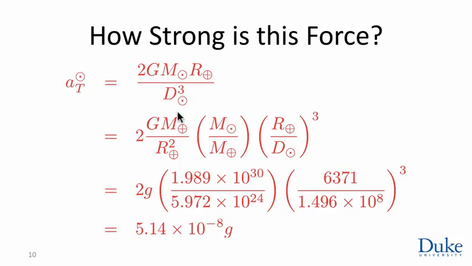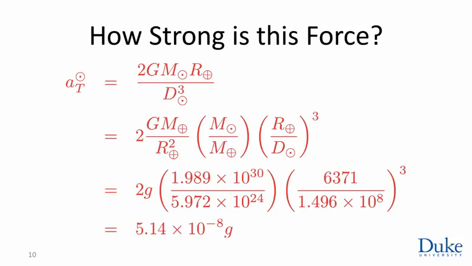times r over d. The salient point is that because I have 2GM over d squared times r over d, this decreases with distance from the sun like the third power of distance. Remember, the gravitational force itself decreases like the second power. And I want to compare this acceleration to something I know, so I will do the usual scaling trick that I like to use.